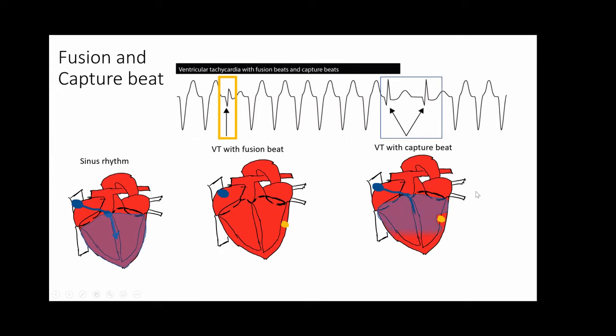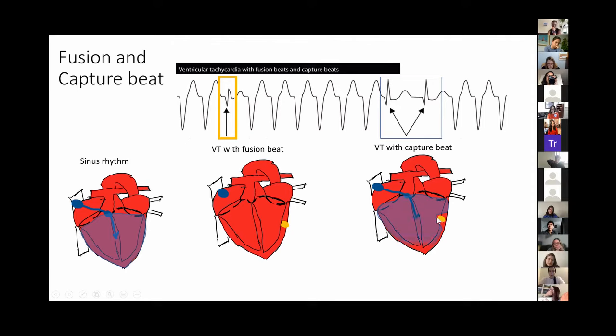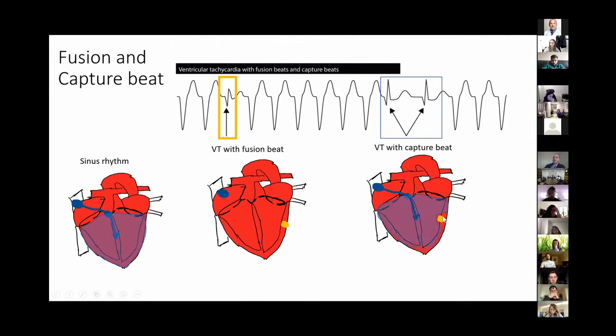But keep in mind, because the tachycardia is still continuing, there is probably still some tiny portion of the myocardium that is depolarized by the abnormal circuitry in the ventricle, because otherwise the tachycardia would stop if you fully depolarized the myocardium with normal conduction. But this is the concept of fusion and capture beat. Always try to find them. Of course, it's rare to catch these.